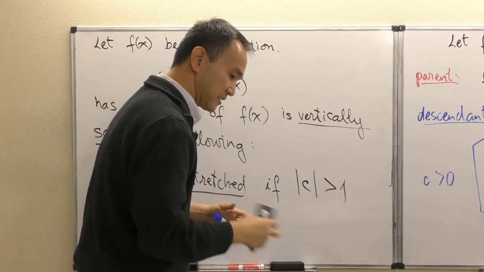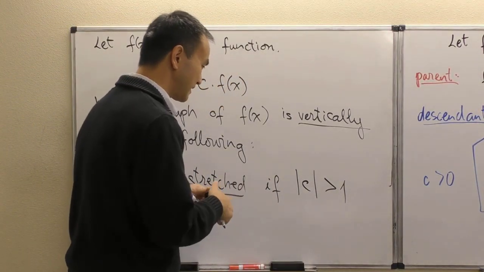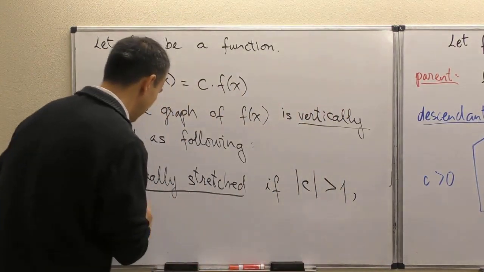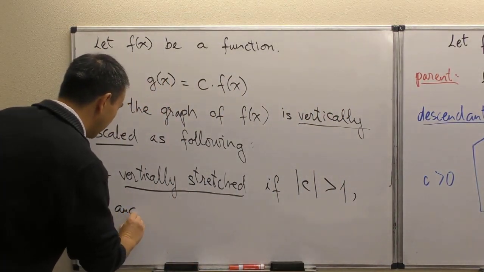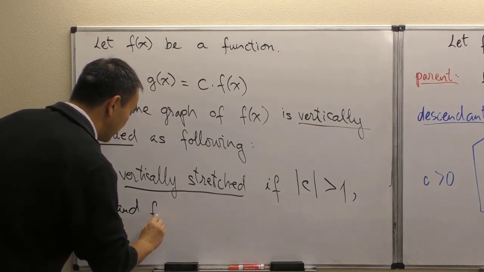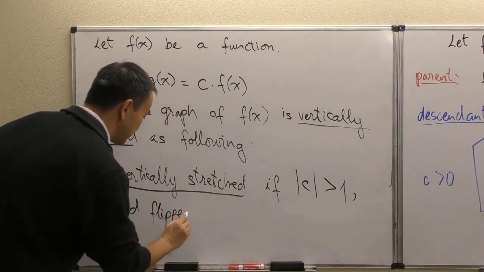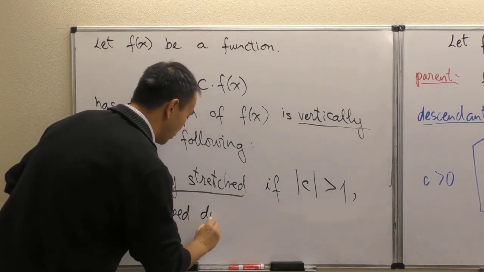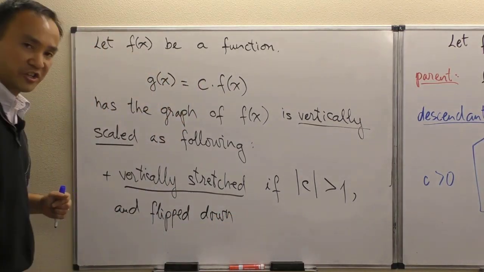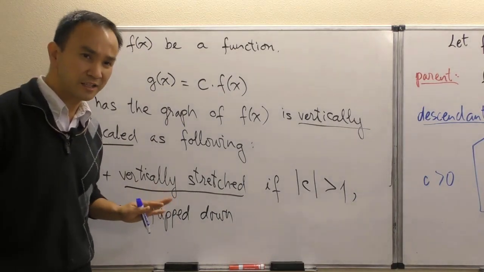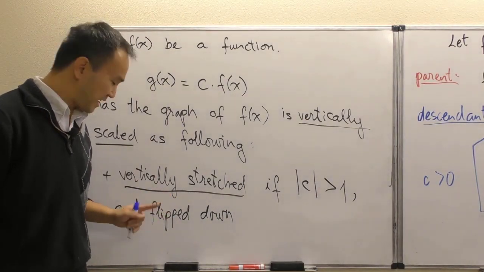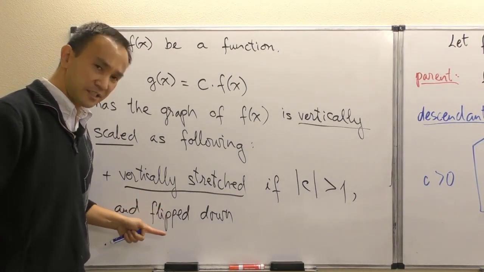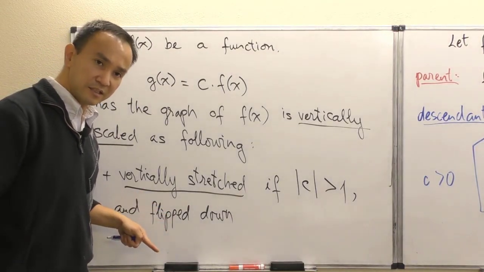And then further, I'm going to put a comma here, and it's going to be flipped downward. Allow me to use this daily language term, even though it's not too mathematically formal. Mathematically, they say that it's reflected through the x-axis.